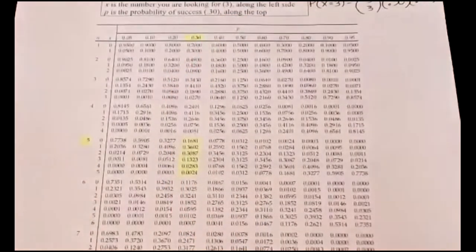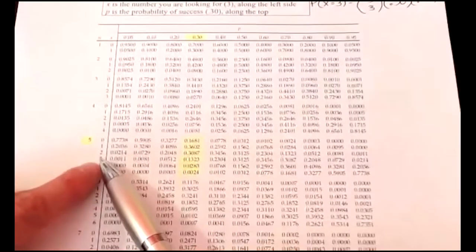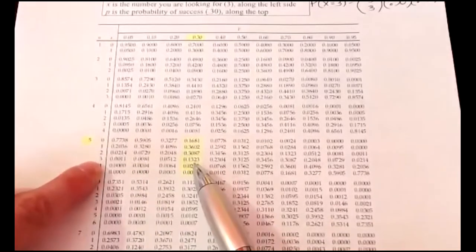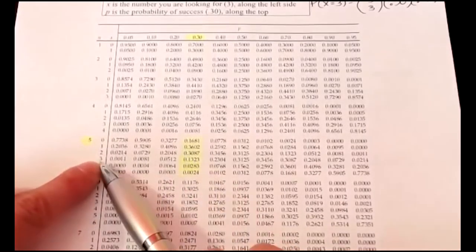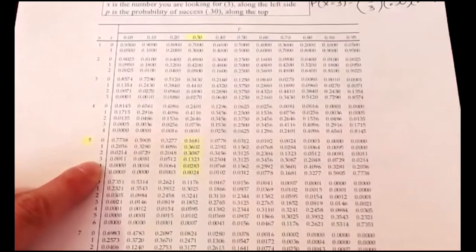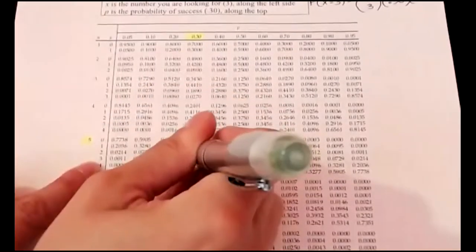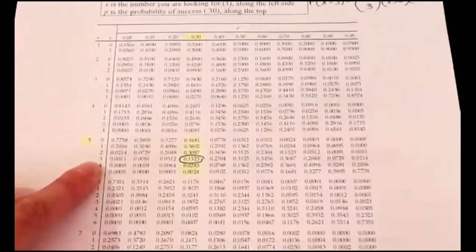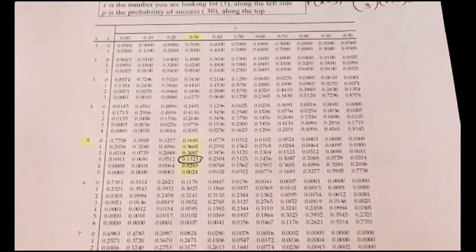If we want to find the probability that exactly 3 have a specific blood type, then we're doing 5 choose 3, right? Now, the cool thing about this table is it's already calculated. So 5 choose 3, you go over to where 3 is, and you see that the probability is 0.1323.